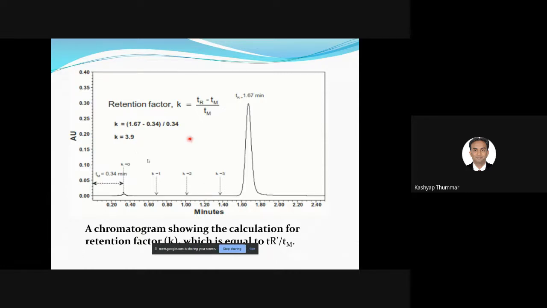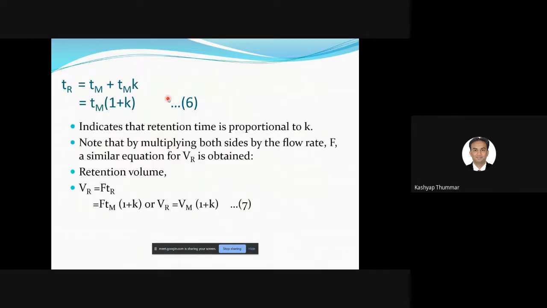If you don't understand my definitions, you can easily get the information from the equation. Tr minus Tm shows the relation between retention time and retention factor: retention time is proportional to K, meaning retention time depends on the retention factor. If retention time is more, then retention factor is also more.